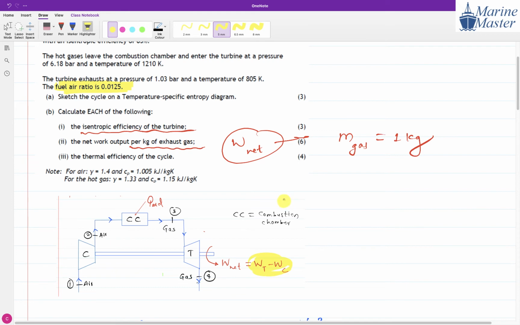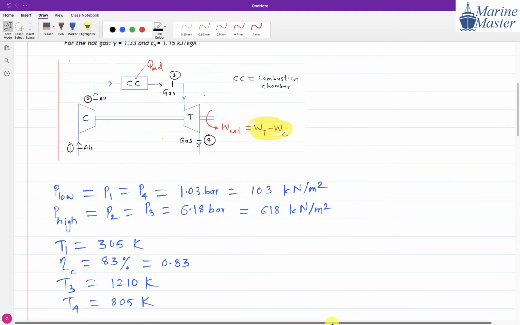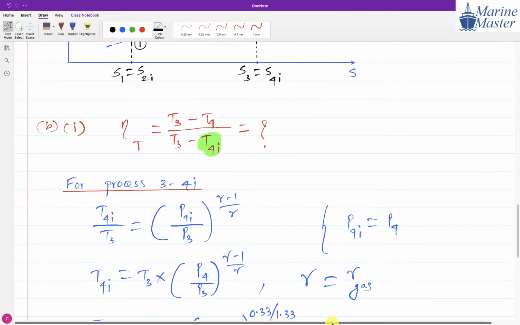But in this question, the fuel air ratio is given, so we can't neglect the mass of the fuel. Here mass of gas and mass of air are different things. Only a little difference is there, but still we can't neglect it.